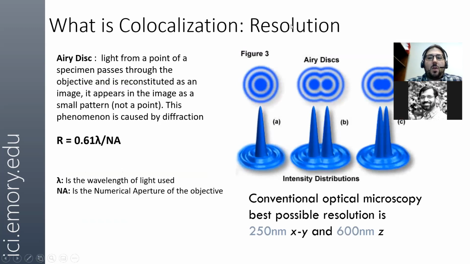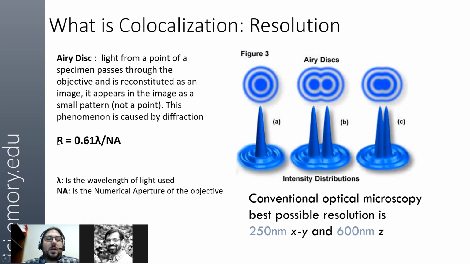So we went over the very basics of what colocalization is, but what are the resolution limits, as I mentioned? So here you'll see a diagram of an Airy disk, which is light coming from a point specimen and passing through the objective and reconstituted as an image.